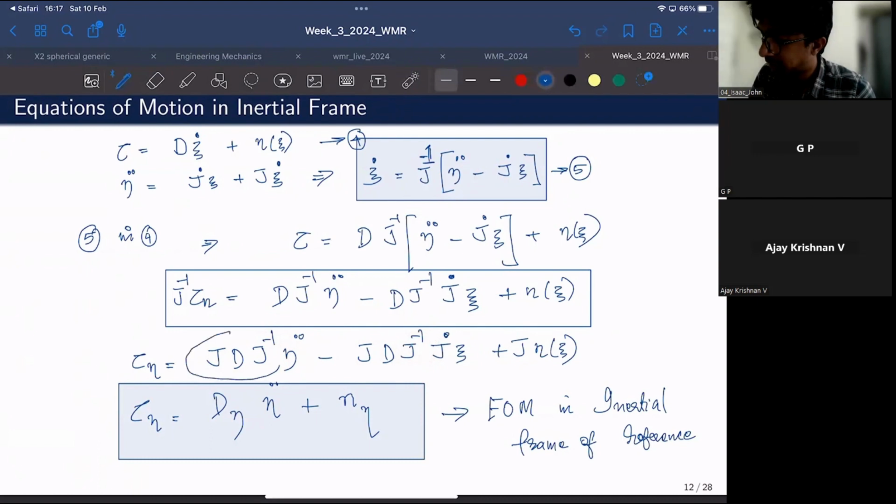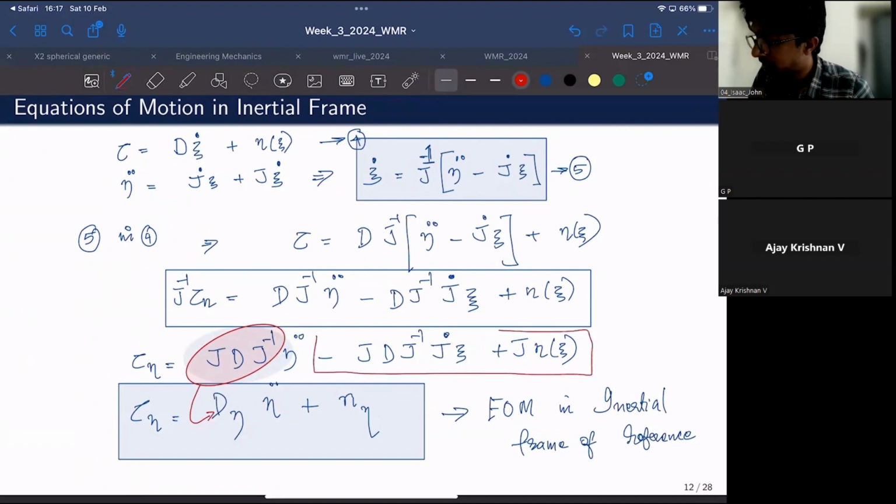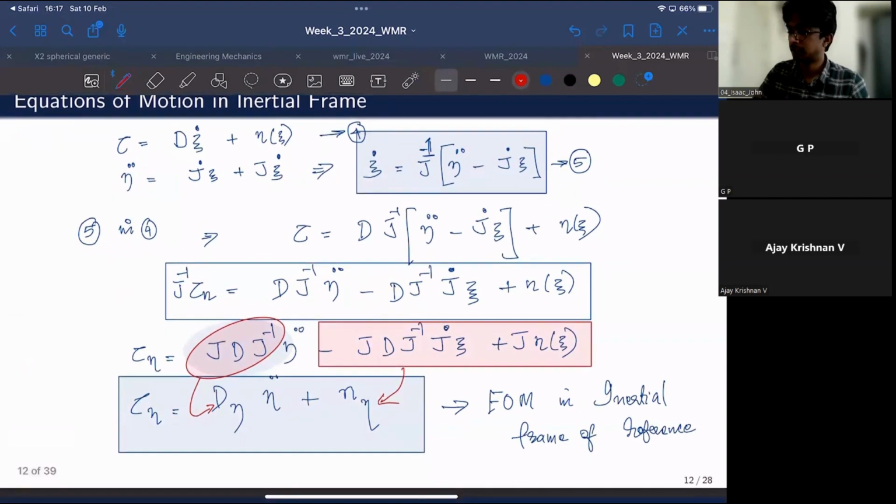This entire term over here is what I'm labeling as D of eta, and this term in its entirety is this vector n of eta. So these are the equations of motion in inertial frame of reference, right?